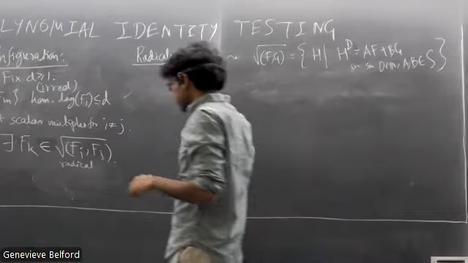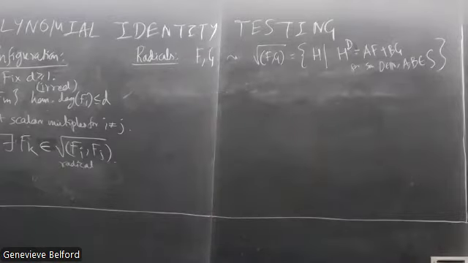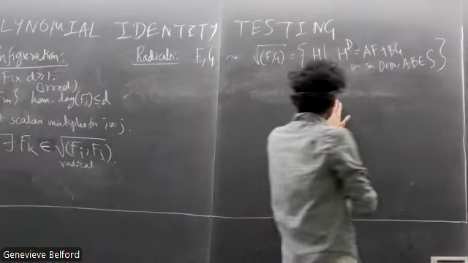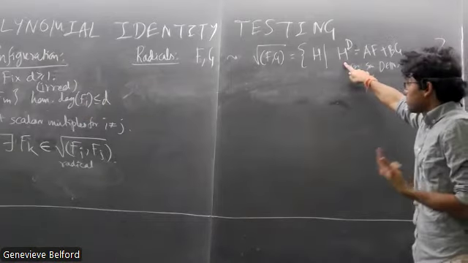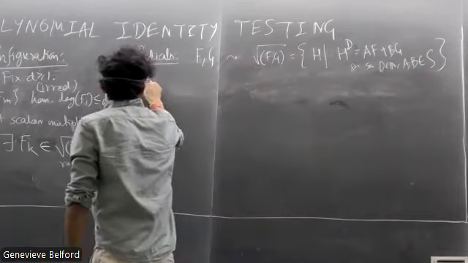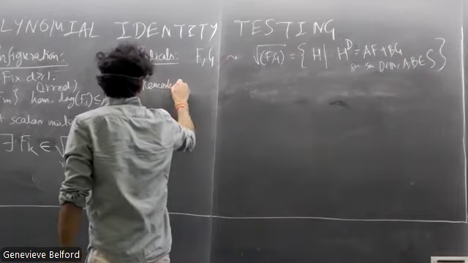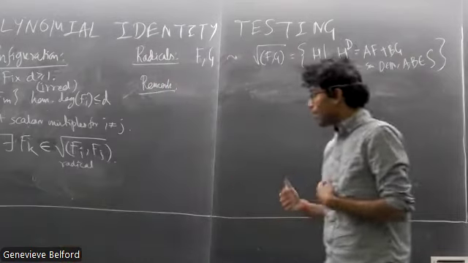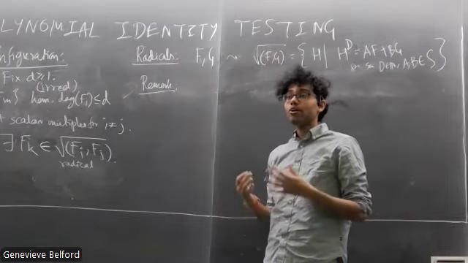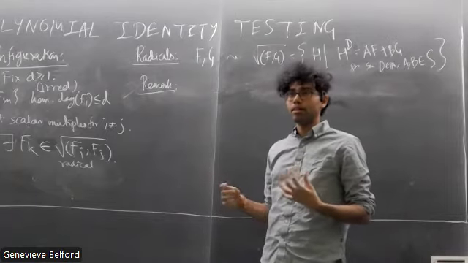Okay, so how can we think of this geometrically? Remark: if I have polynomials, I can look at their zero sets inside C to the n.